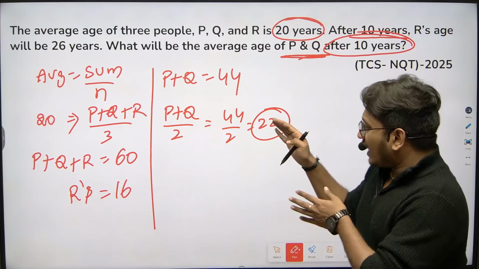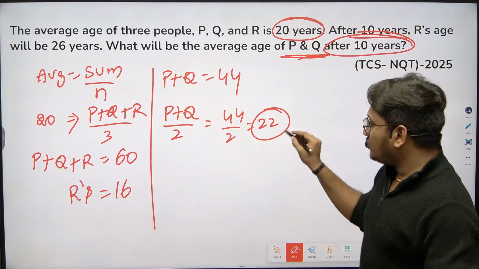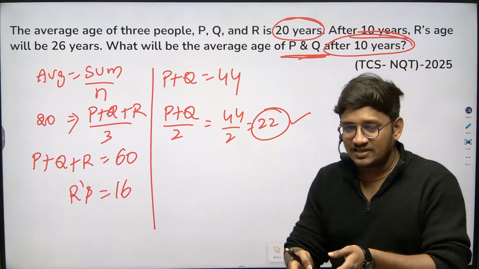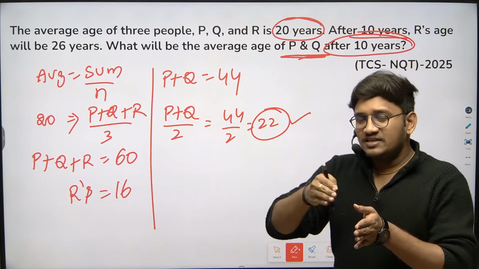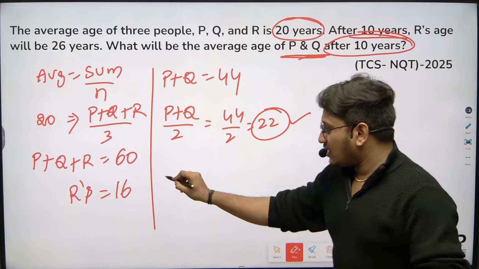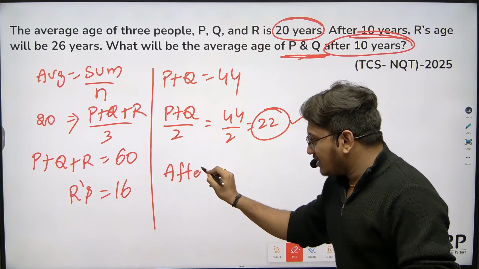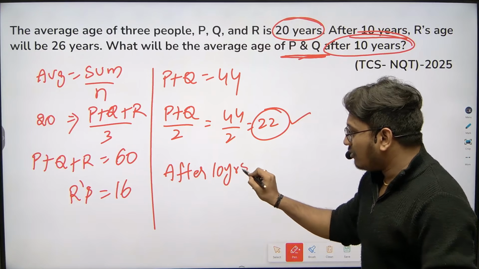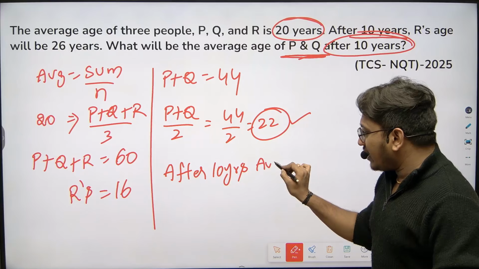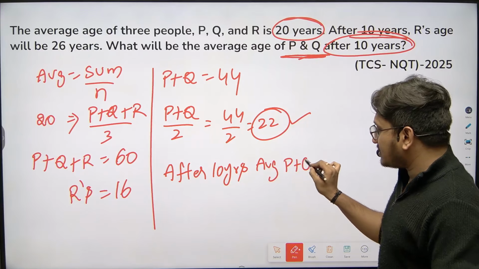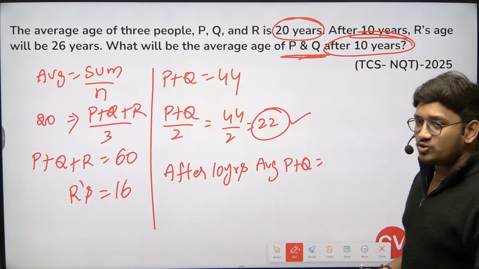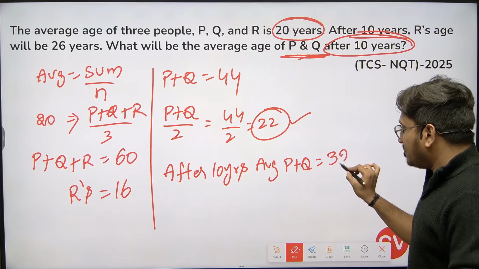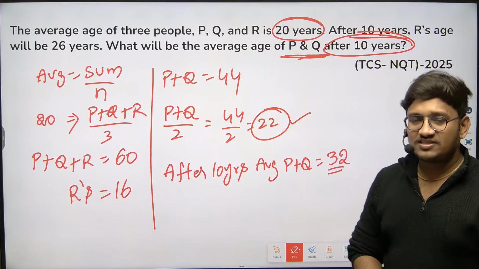This average age of P and Q is 22 years at present, but they are asking us to find it after 10 years. So you should add 10 to that average. The present average age of P and Q is 22, after 10 years it will be 32. So the final answer is 32 years.